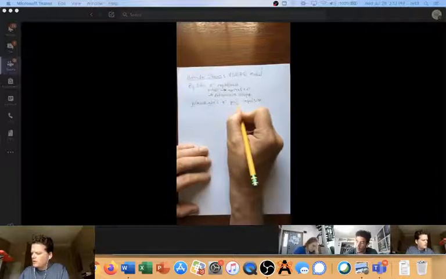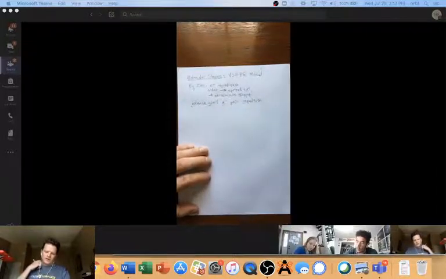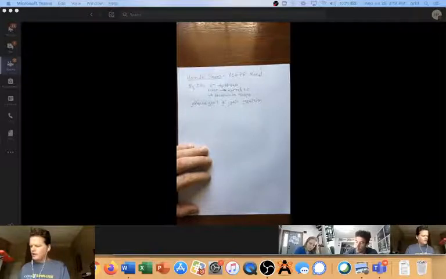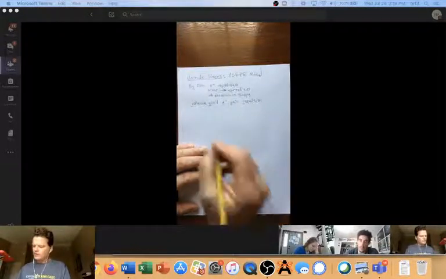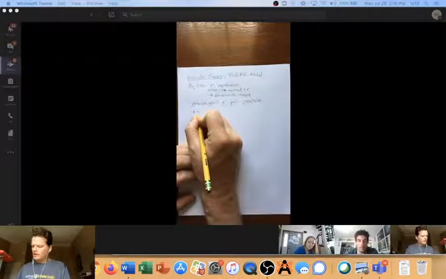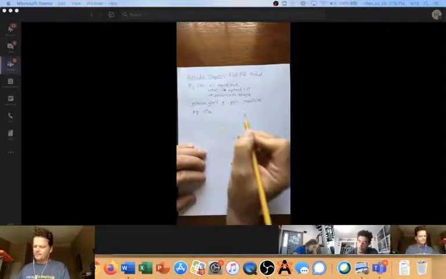VSEPR. In order to figure this out, we first need to review a little bit about drawing Lewis dot structures. So let's look at an example that you might remember. Let's look at carbon dioxide.